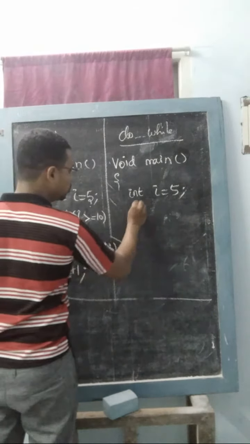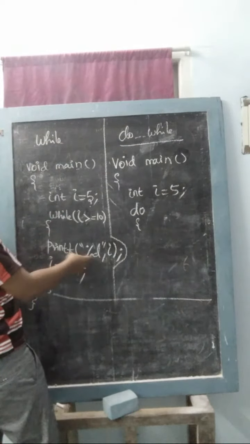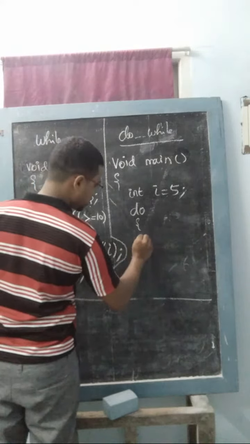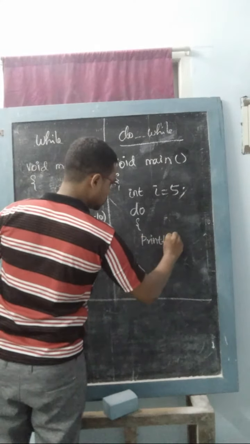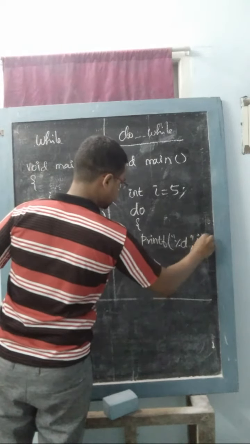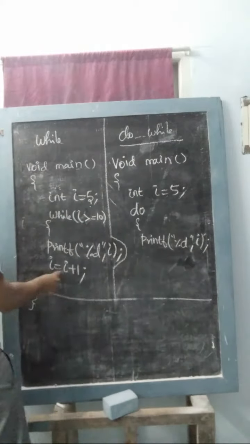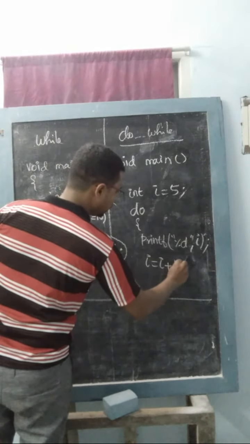Okay. First, what to do? Do the same execution statement. First, we have to do. What is the execution statement? Printf %d I. What is the increment now? I is equal to I plus 1.